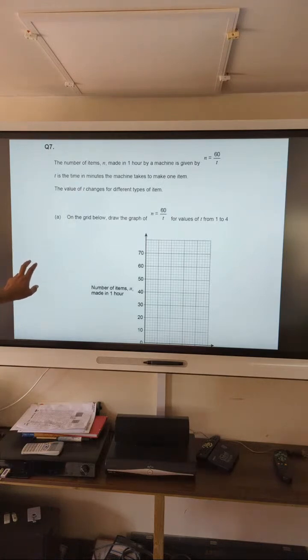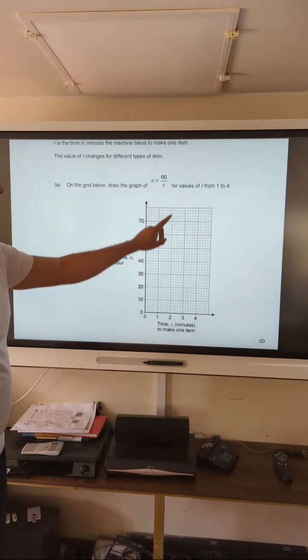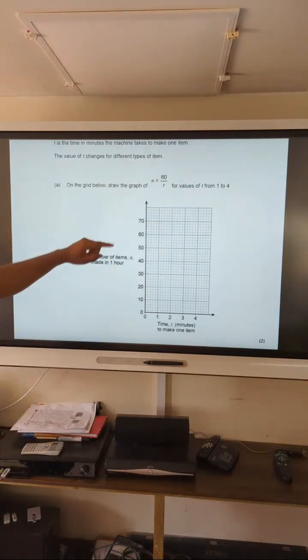The value of t changes for the different types of item. On the grid below, for values of t equal to 1 to 4, draw the graph of n equal to 60 divided by t.